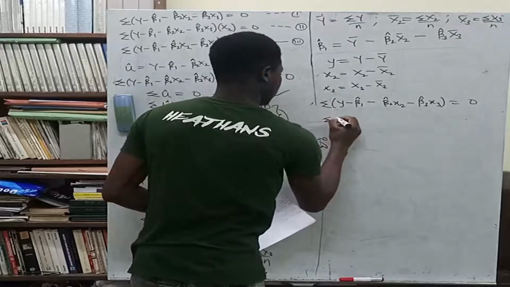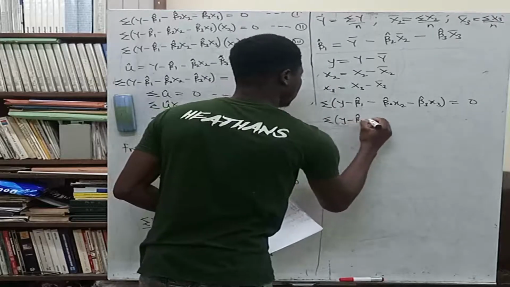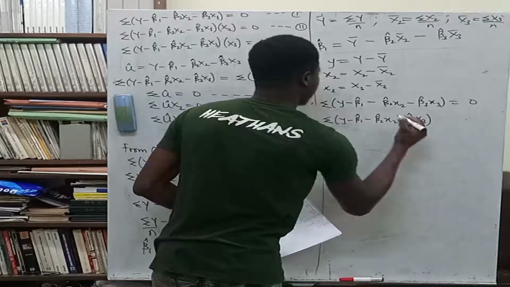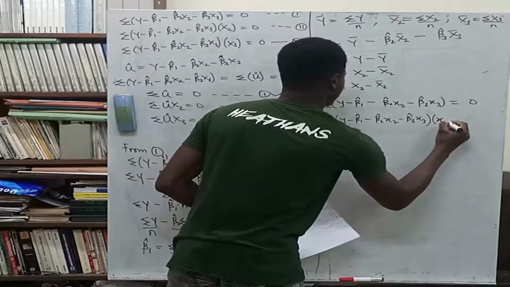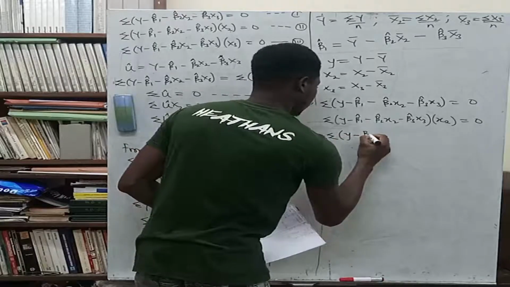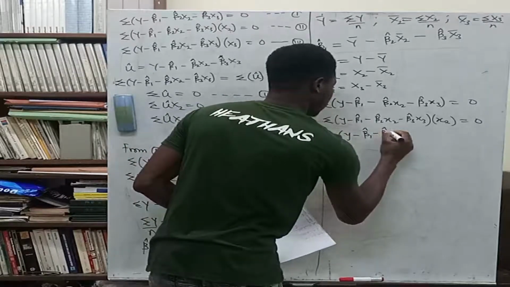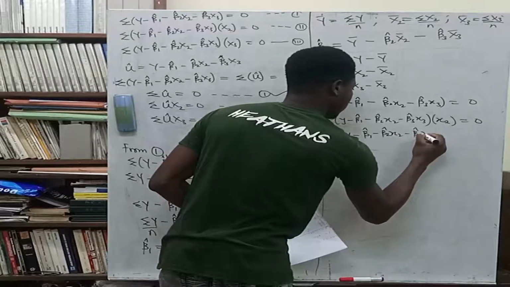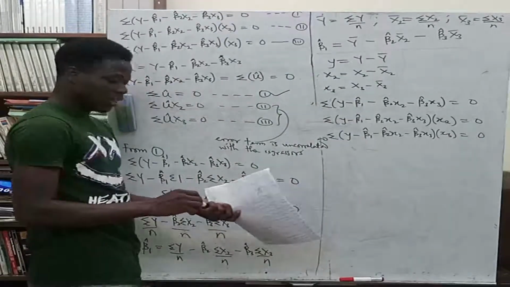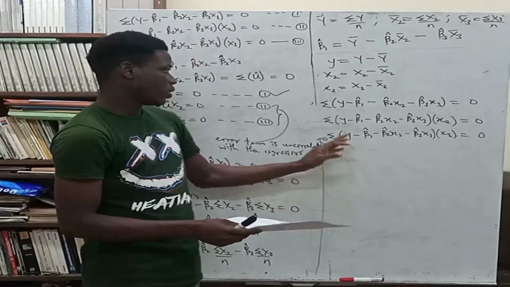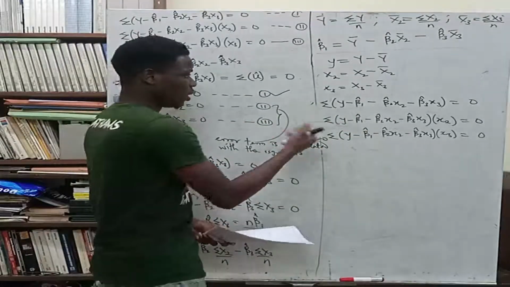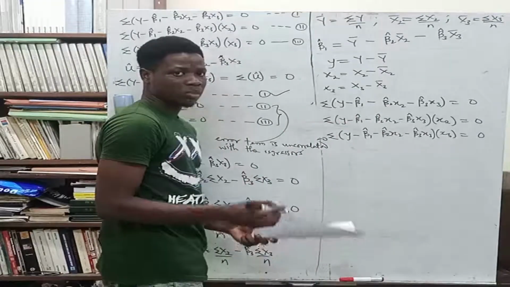Therefore, the second equation is summation x2 times y minus beta 1 hat minus beta 2 hat x2 minus beta 3 hat x3 equals 0. Now, why is this important? In estimation, when you are required to use this to solve questions, you will have to use the formula in the deviation form.